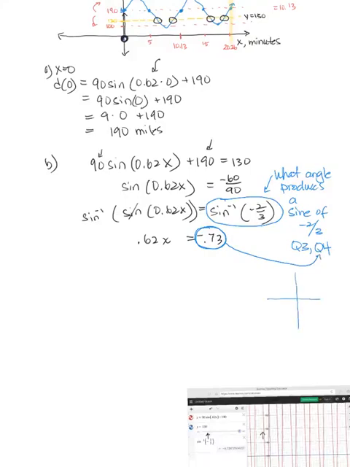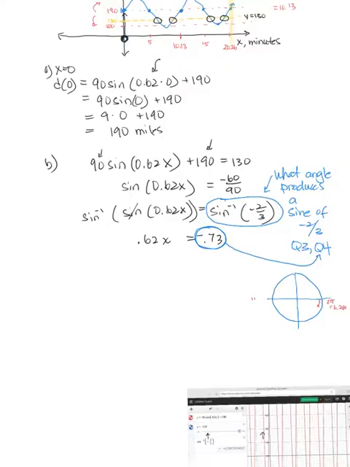Let me just do a little circle here for you. I know it's not a great circle. Negative 0.73 is starting on the positive x-axis and it's going clockwise. How much clockwise is it going? Well, remember, all the way around is 2 pi, which is 6.28.